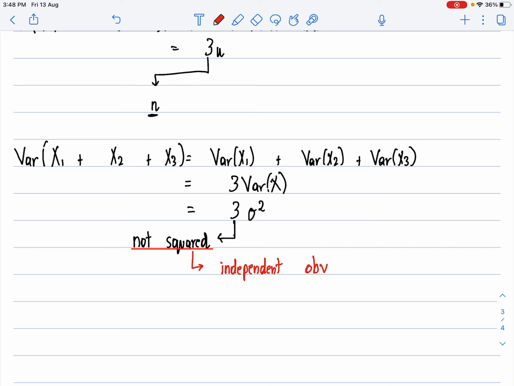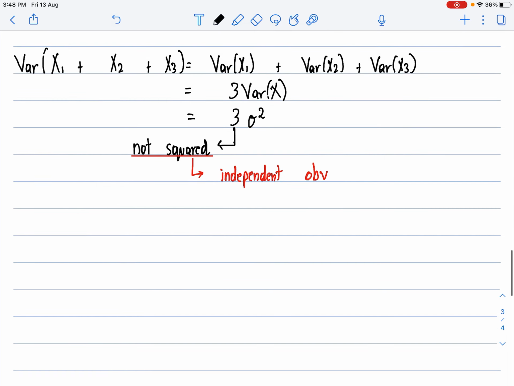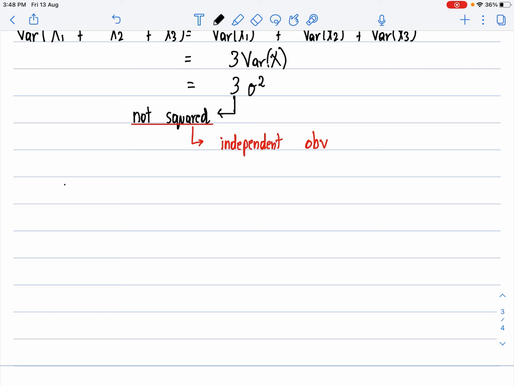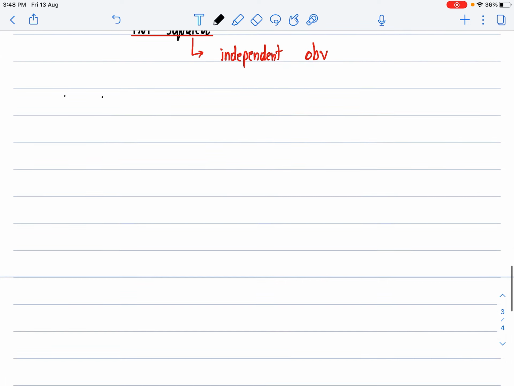So this is basically the concept. In independent observations, the mean of x1 plus x2 plus x3 till xn, n observations, is equal to n into the E of x.